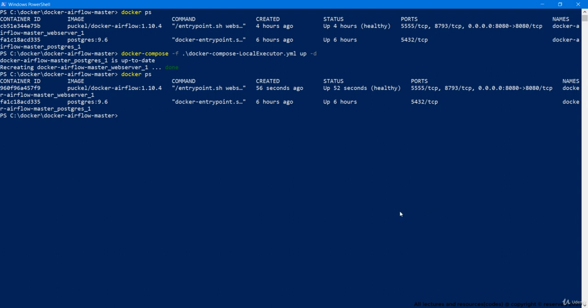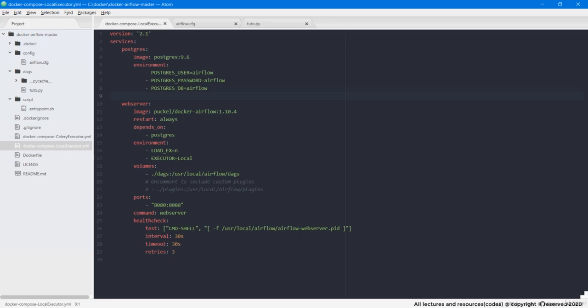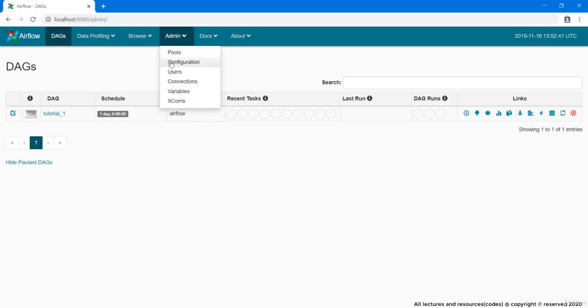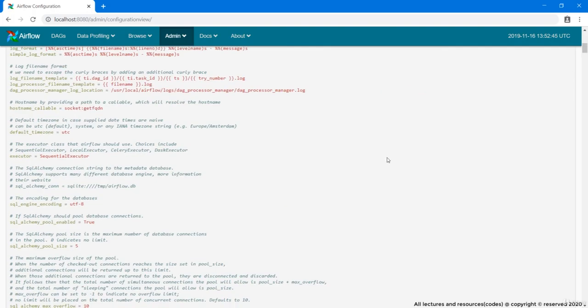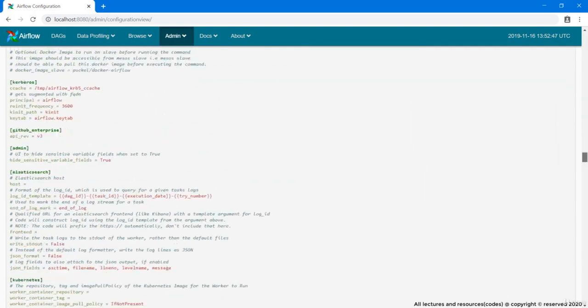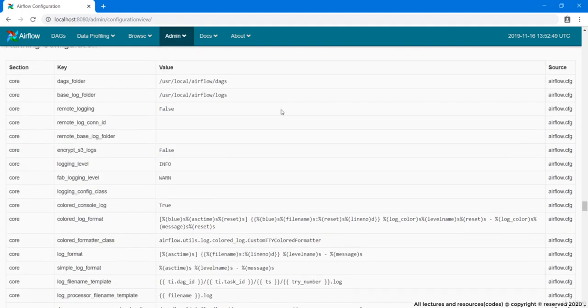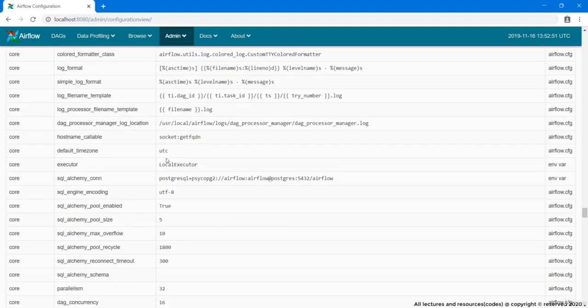Yep, it is healthy. Let's check once in the running Airflow configurations. Yep, local executor is running.